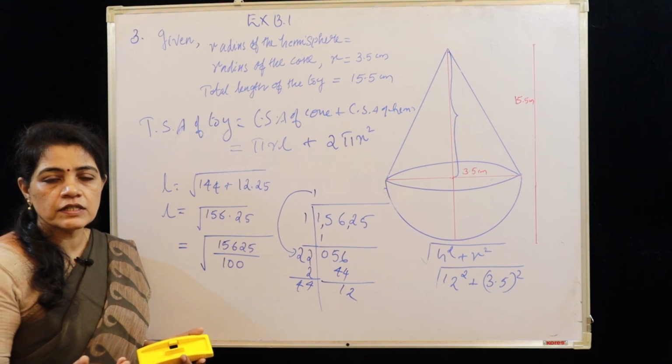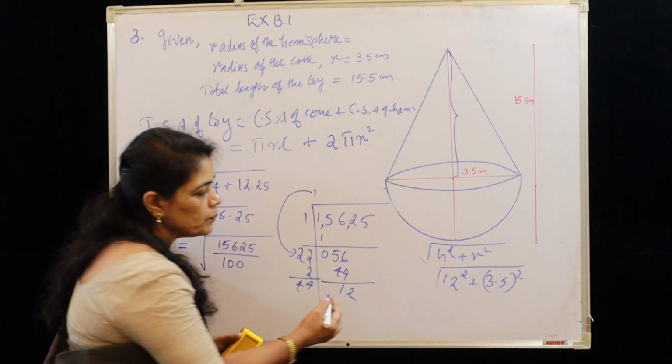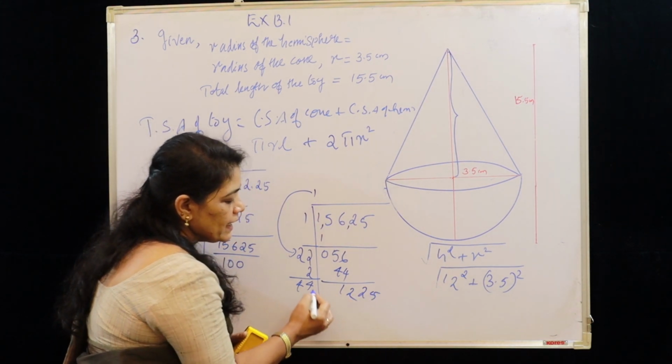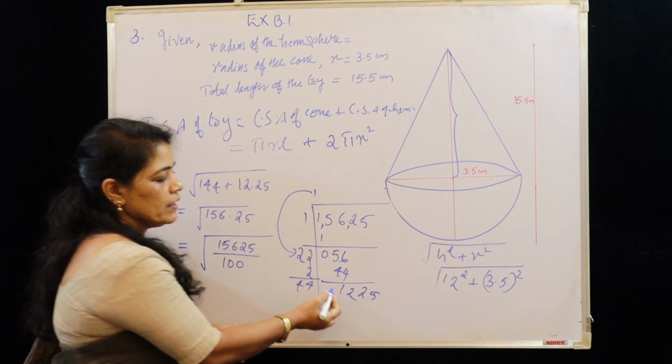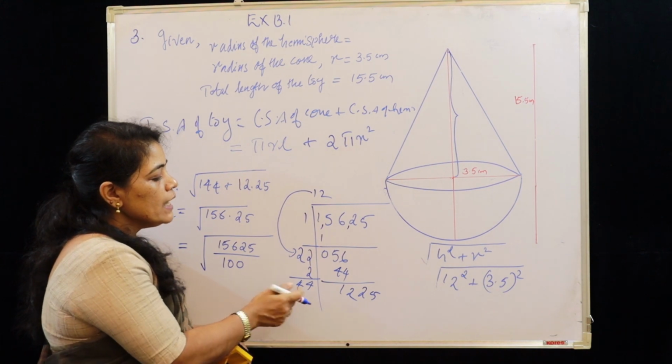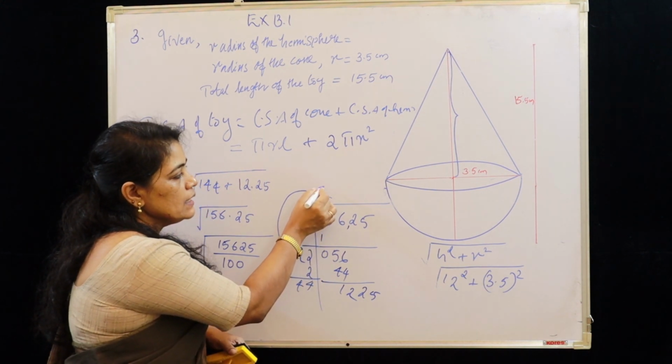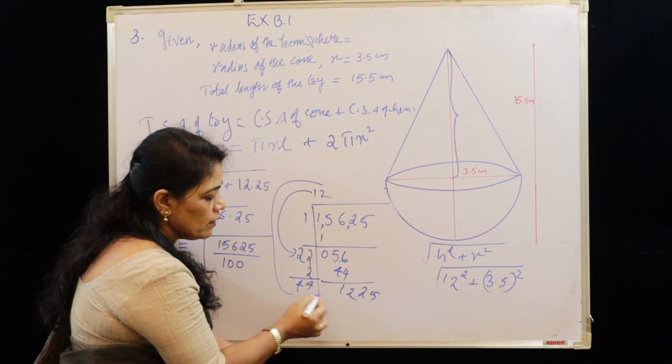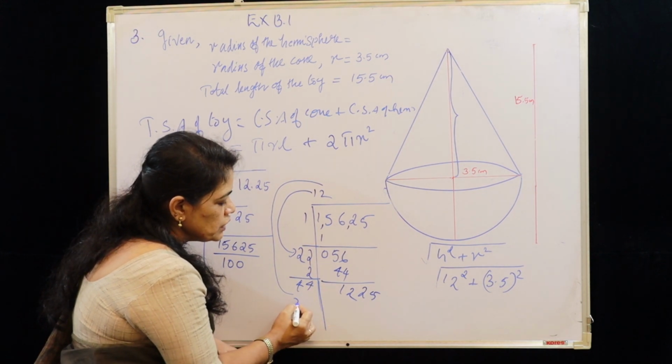We can't stop the division now. We have to bring down one more group, that is 25. In the previous step we had 2 in order to get 44, and for the next case, we have to take the double of 12, that is 24.